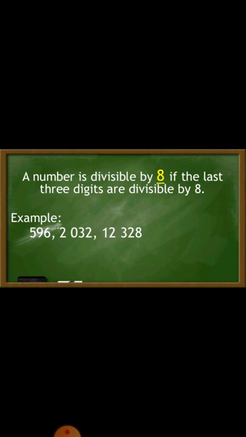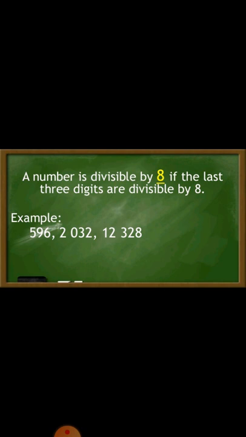A number is divisible by 8 if the last 3 digits are divisible by 8. Here we have some examples: 596, 2032, 12,328. In these examples, we check the last 3 digits. If the last 3 digits are divisible by 8, then these numbers are divisible by 8.